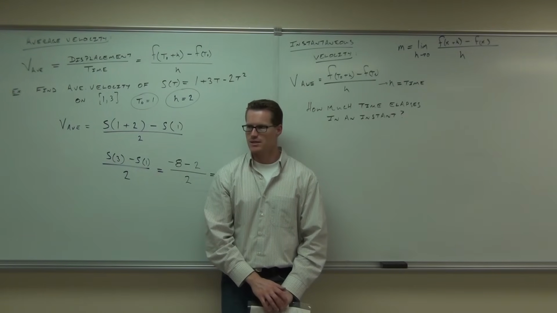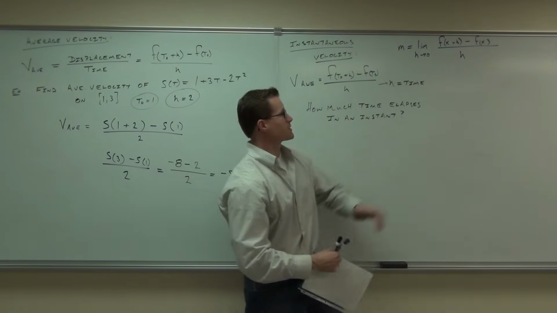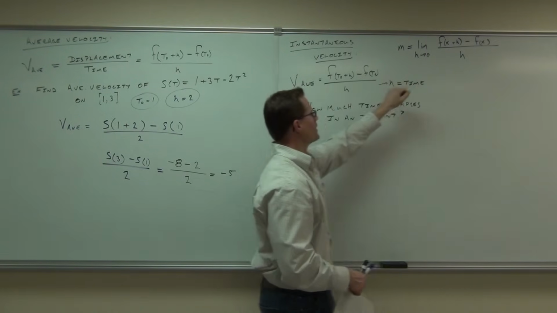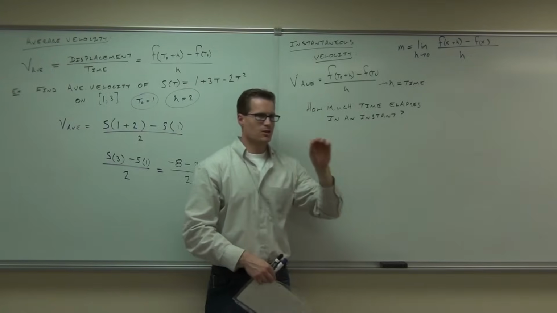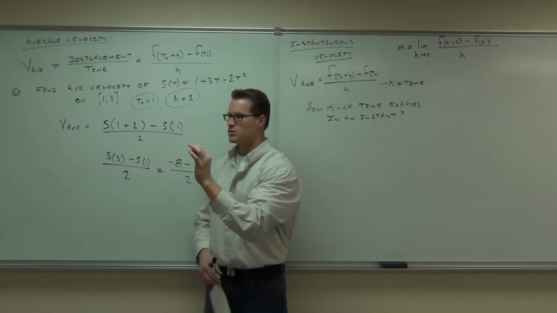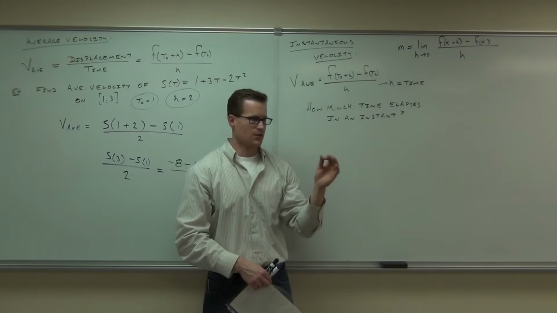So the idea behind instantaneous velocity is the exact same idea behind the slope of a curve at a point. This gave us a slope at a specific point, this gives us average velocity, and if I let my h go to 0, it will give me instantaneous velocity. And that's the same thing. So what you know now is that the slope of a curve is instantaneous velocity.